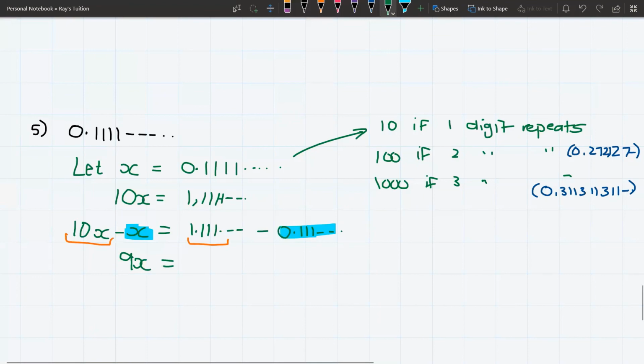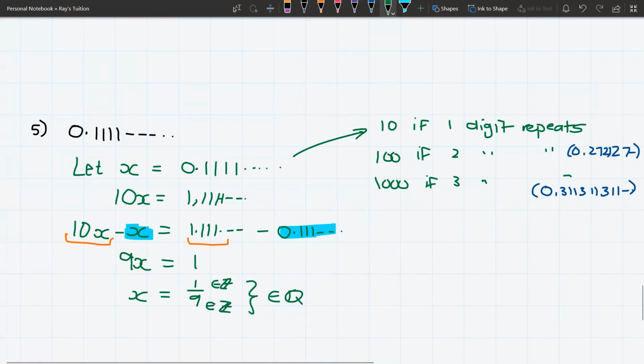So if we take away the tail, we're left with just 1, and then dividing both sides by 9, we get that x is 1 over 9. And 1 is an integer, and 9 is an integer, which means that 0.11111 is rational.